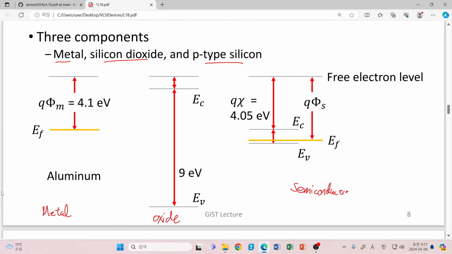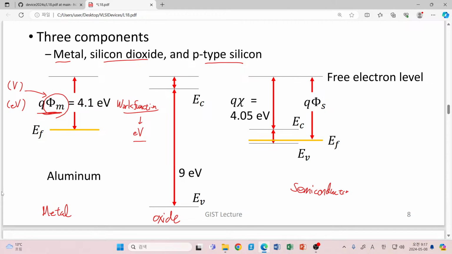Okay, so anyway, this quantity is called the work function. Work function is actually an energy, so this is written on an energy scale. Although this quantity is introduced to represent the work function, its unit itself becomes just volt, not eV.